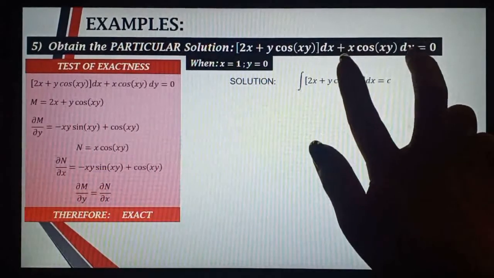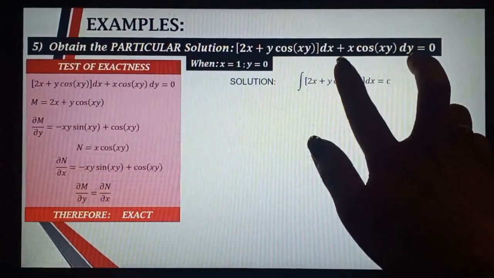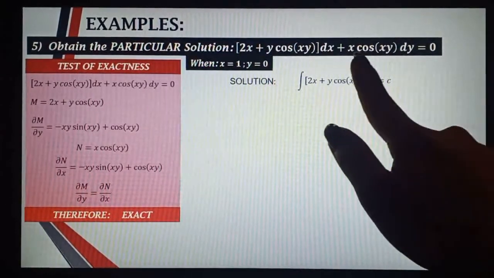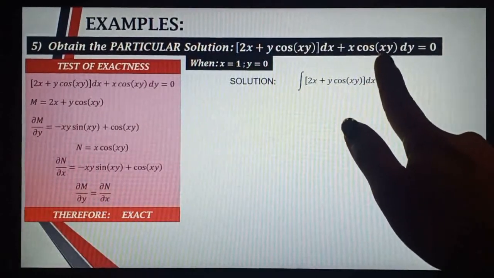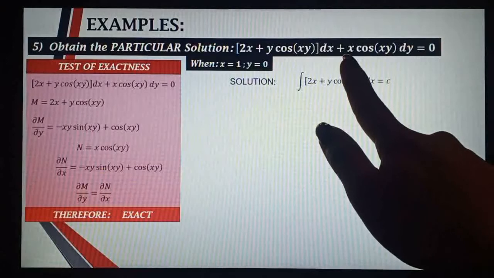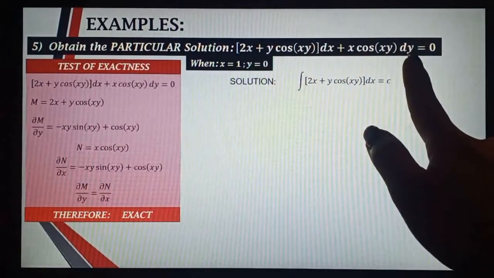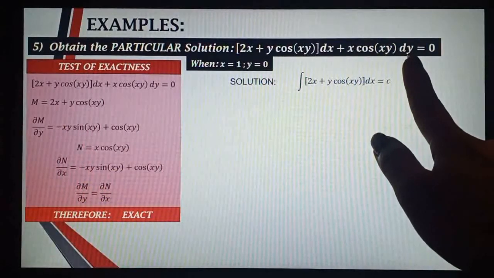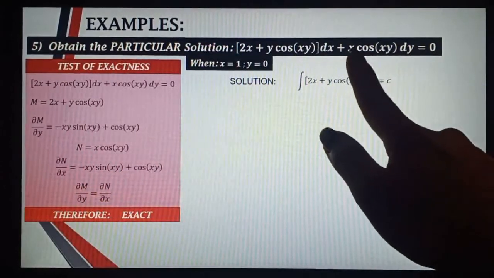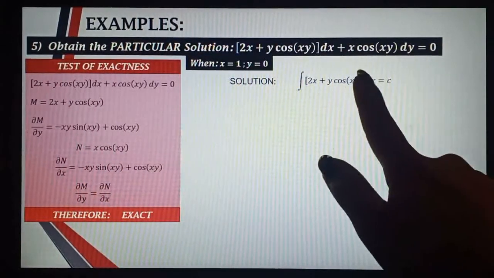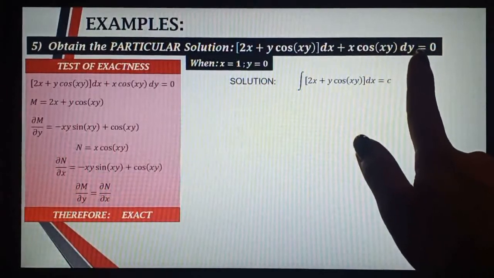Since isa lang yung term kay n, which is x cosine of xy dy, then if you will notice, may presence ni x sa angle and also outside the cosine. The ruling is, kapag naka-dy siya, kapag may presence ni x, dapat hindi mo siya kukunin. So, therefore, wala tayong kukunin kay n, and that is possible. Kung walang directly integrable kay n, wala tayong idadagdag dun sa equation.